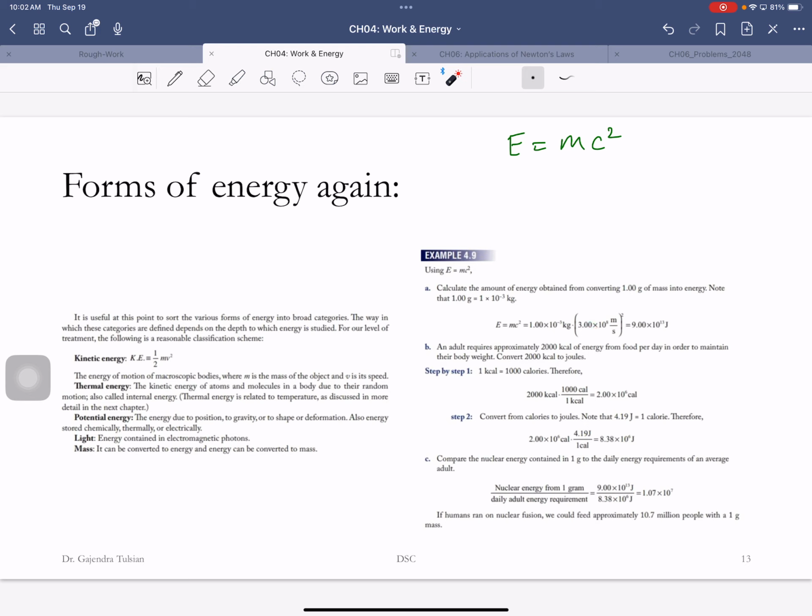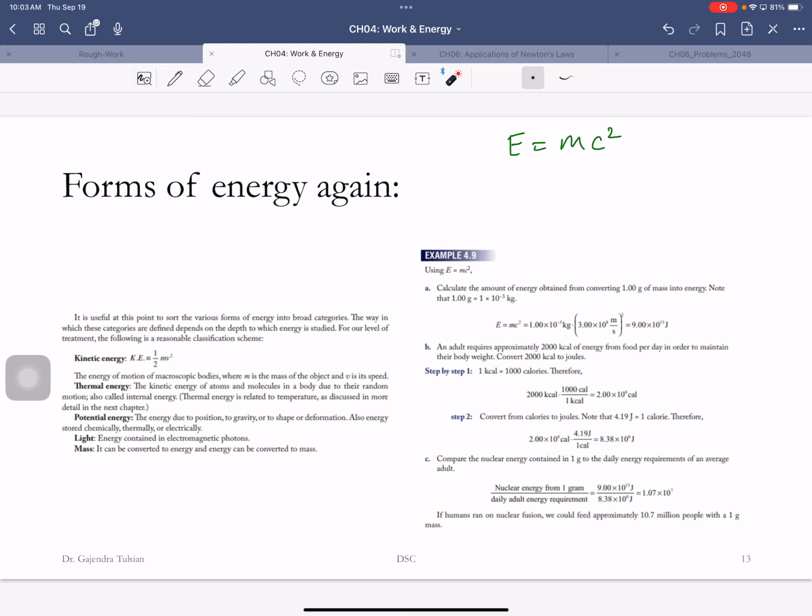Again, can you hold up your bottle? You fill that with water, just the cap. If you could convert all of that to energy, there's 1 gram, that's in kilograms, that's how much energy you would get. And so there's 2,000 kilocalories, and that's the conversion to joules.